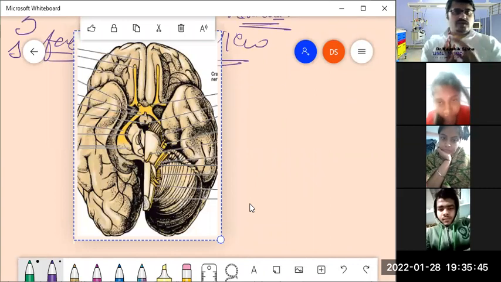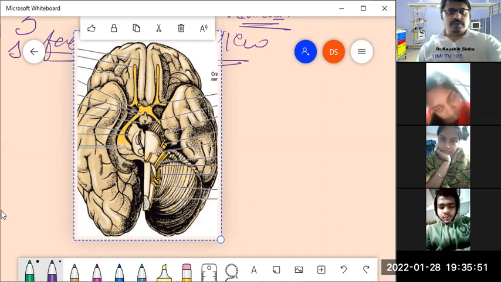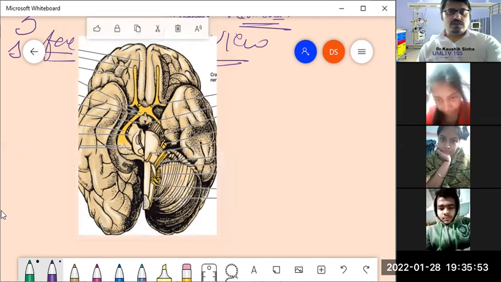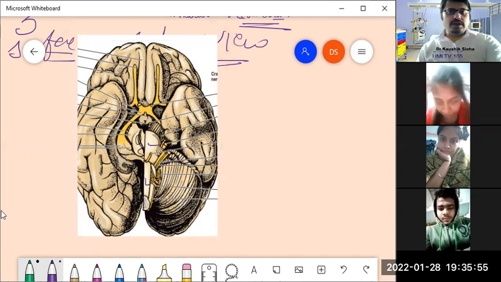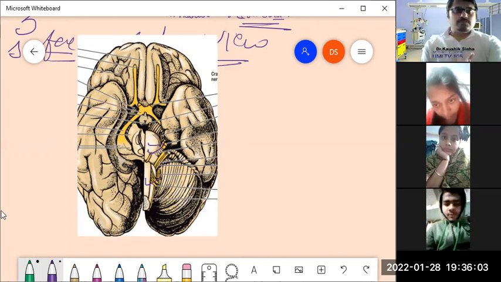Okay, now you see that there are difference in between the two sides. As for example, these structures over which I am putting my tick mark cannot be seen on the other side. But in reality, both the sides are same. Both the sides are symmetrical.